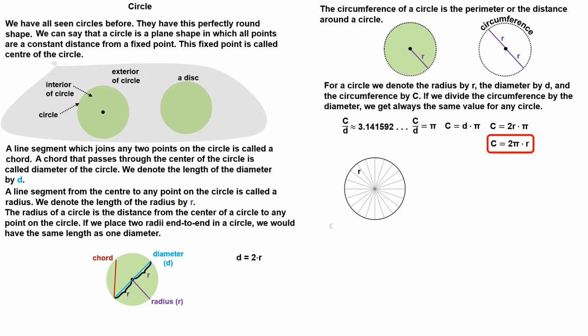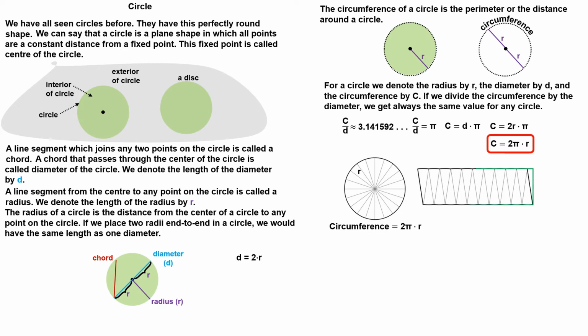Consider cutting a circle of radius r into 20 equal sectors and arranging them as shown alongside. The figure obtained closely resembles a rectangle. The height of the rectangle is the radius of the circle. The upper length is the sum of all the parts of the circumference in green color.